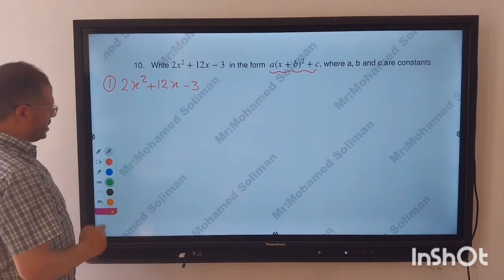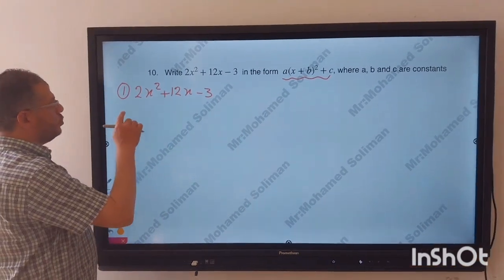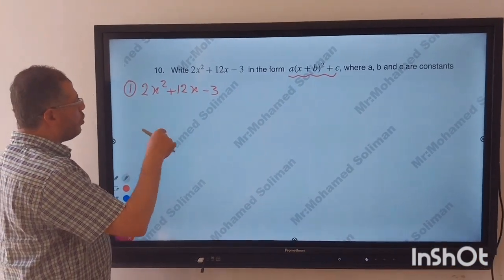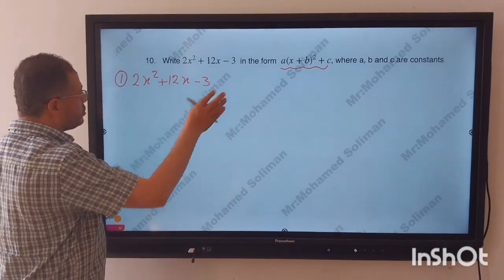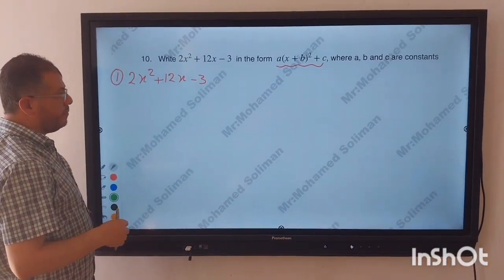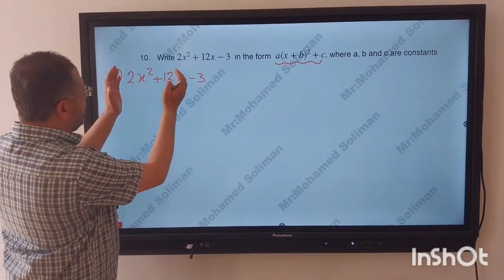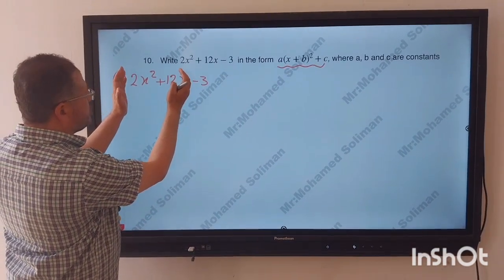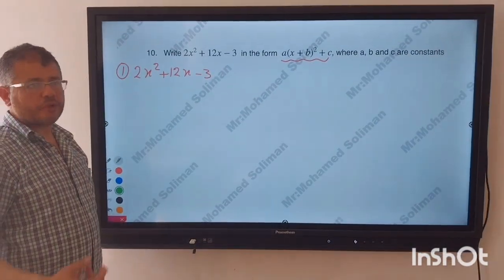So what shall we do in this case? As I told you before, we can take 2, the coefficient of x power of 2, as a common factor for all the terms of the quadratic formula. Sometimes some people take the common factor for only the first 2 terms, but some of them get confused and forget something.